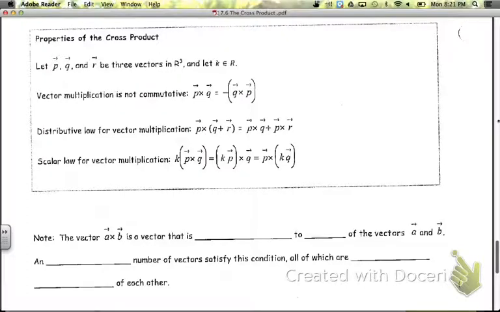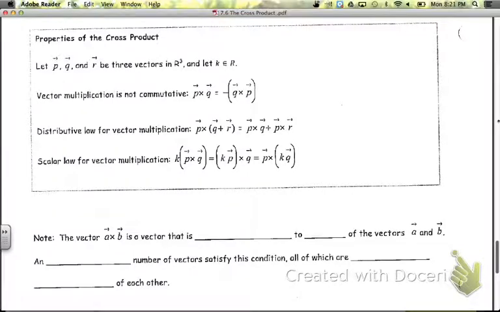The distributive law of vector multiplication: if we're doing the cross product between P and Q plus R, that's the same as having the cross product between P and Q added to the cross product between P and R. And then our scalar multiplication here: if we're multiplying k by our cross product of P and Q, that's equal to k times our vector P cross Q, or the cross product between P and kQ.